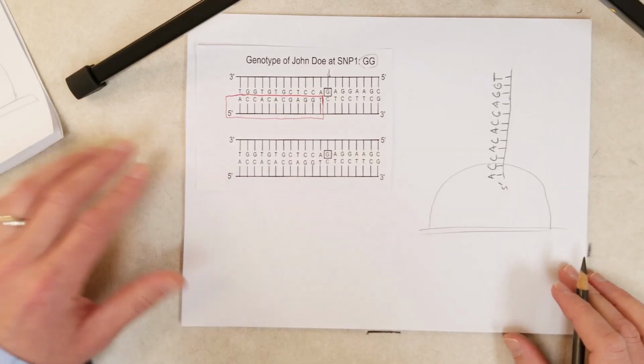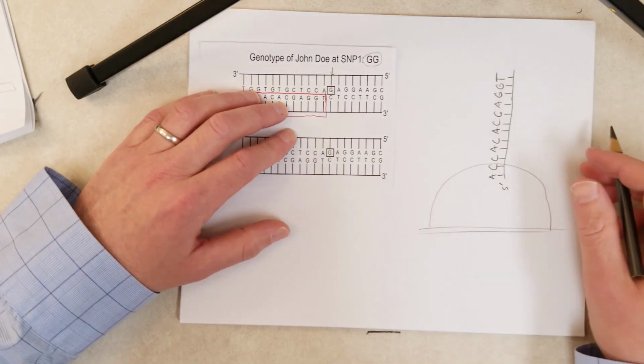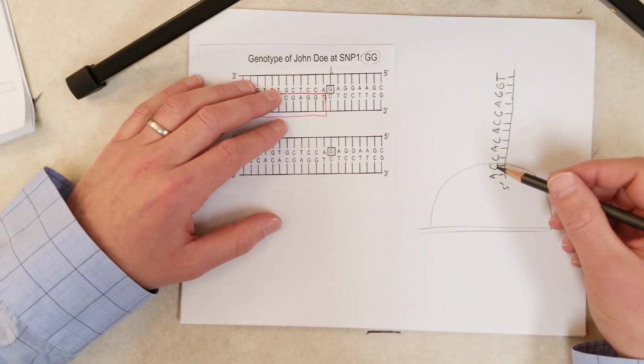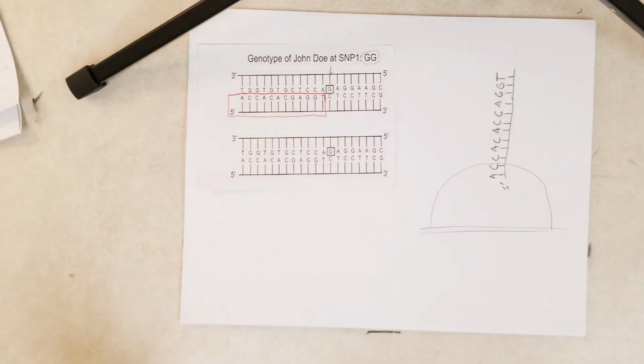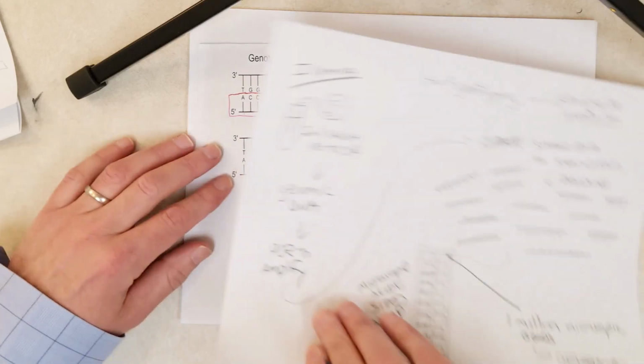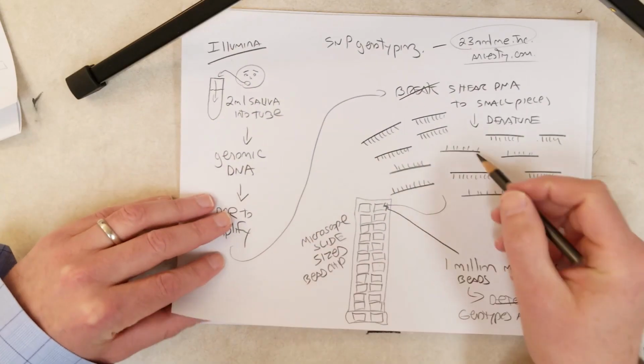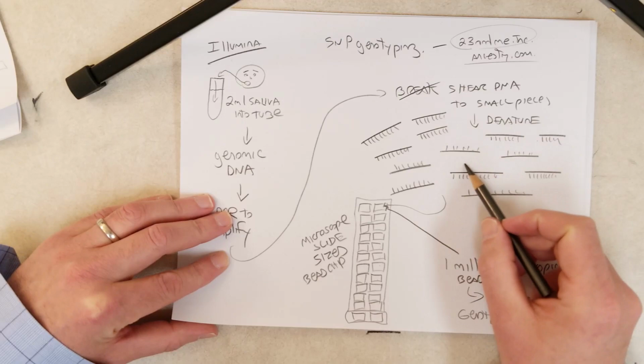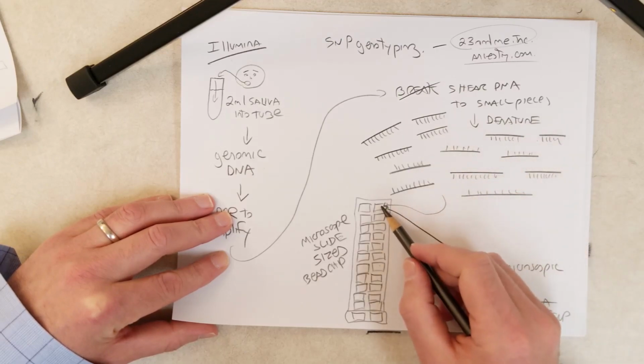And maybe you also remember, so what happened? We added the DNA. Let me see if I can find that sheet again. I always throw it on the ground. Oh, here it is. Remember, we sheared John's DNA, and then we put it onto the chamber.